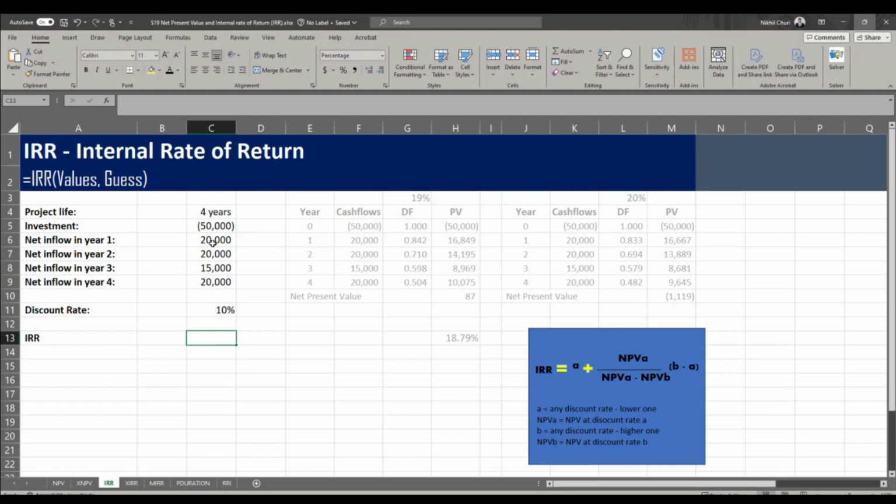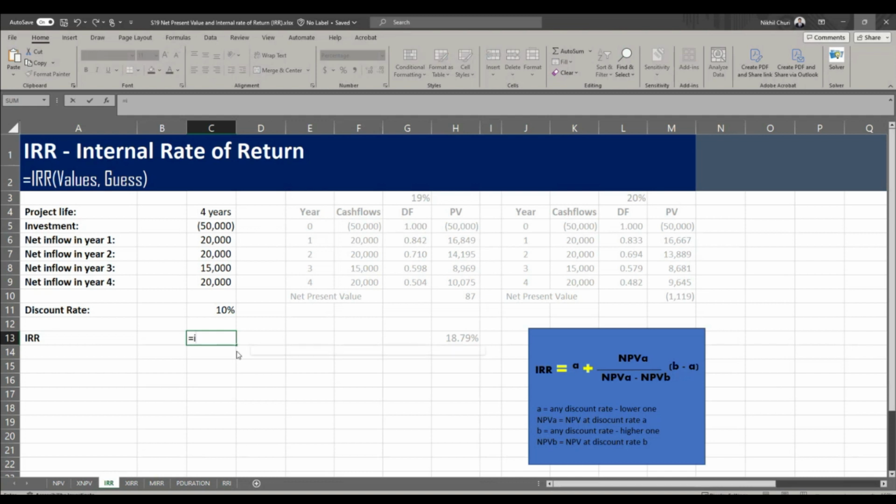So just select all these, and Excel assumes that this is year 0 investment, and bracket means negative, meaning the money has gone into your project or business. And all the others are looked at as positive, meaning you're making money out of it. Technically, Excel is thinking this is year 0, year 1, 2, 3, and 4, and it will do the calculations for you.